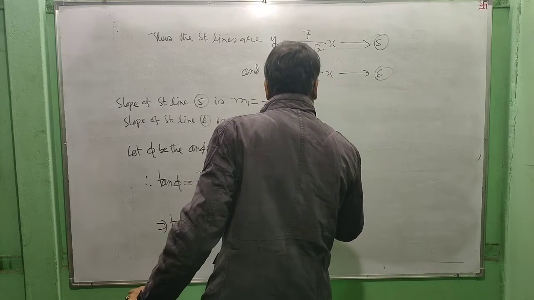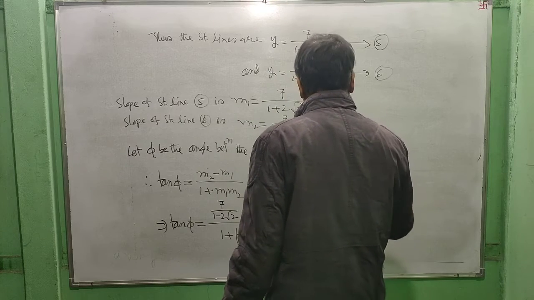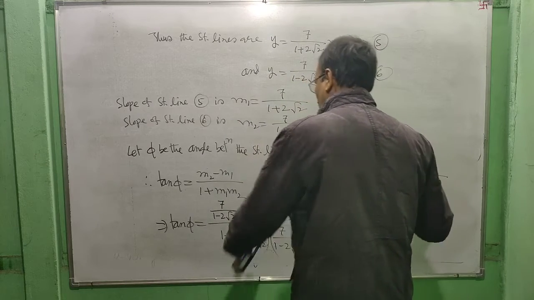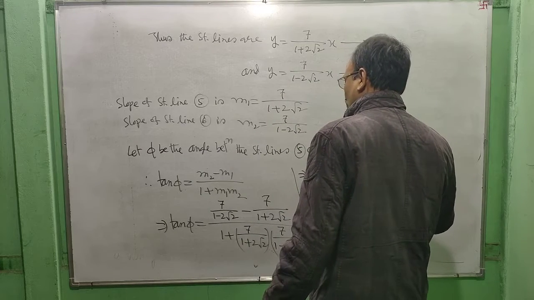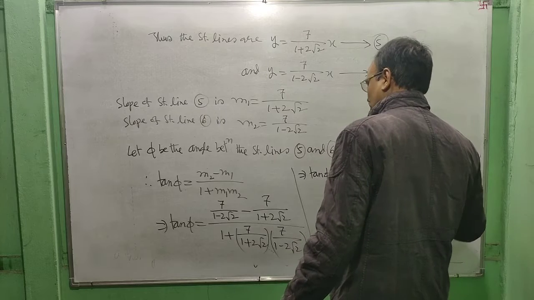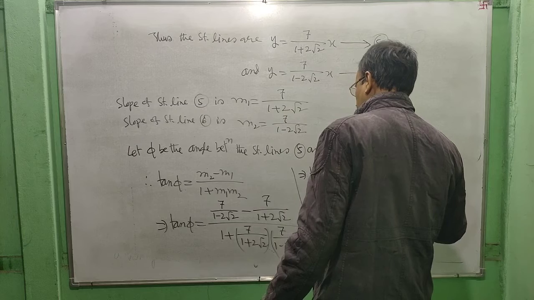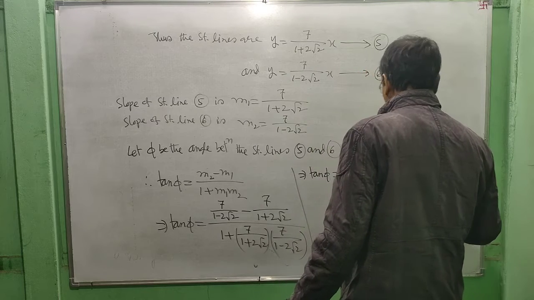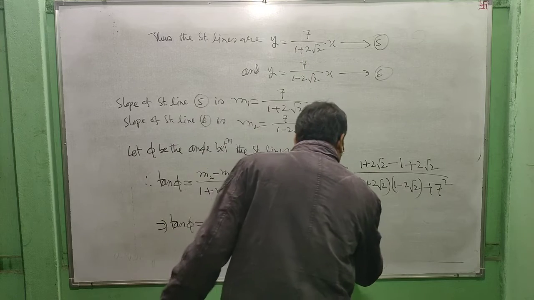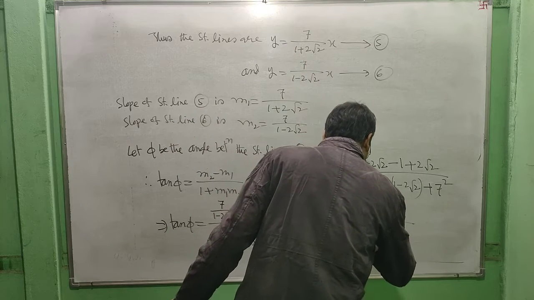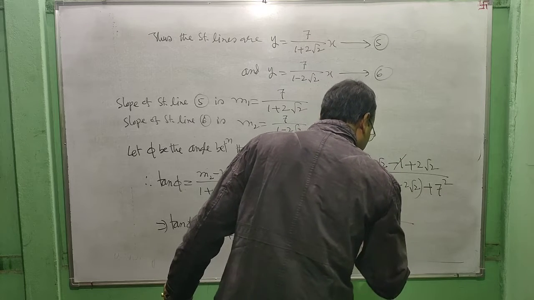This means tan phi equal to 7, you may take 7 common. 1 plus 2 root 2 minus 1 plus 2 root 2 divided by 1 plus 2 root 2 into 1 minus 2 root 2 plus 7 square. 7 square means 49. This is equal to 7 into 4 root 2. The plus 1 minus 1 will be cancelled.